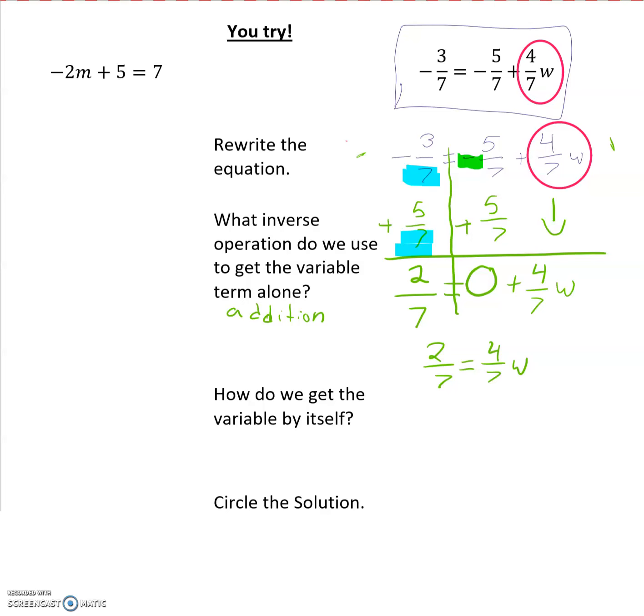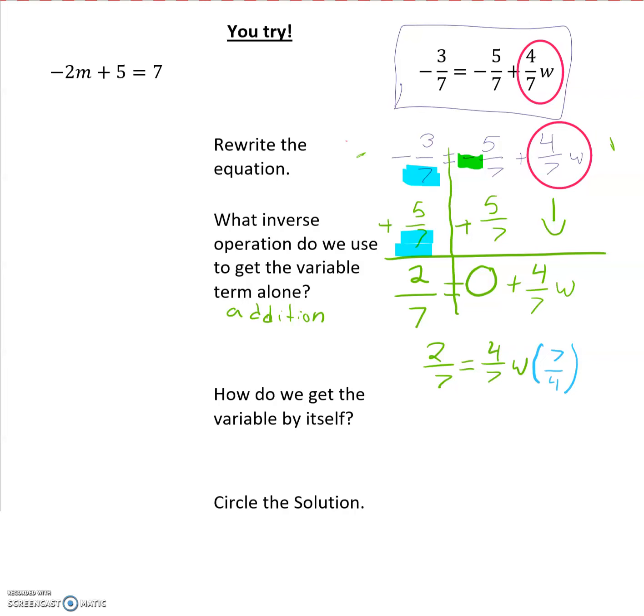But we have a fraction multiplied by our variable. So that means division. So are we dividing or are we multiplying? This is always very, very confusing. The easiest way to remember it is you're multiplying by the inverse. So we're going to multiply by the opposite of 4/7, which is just 7/4.